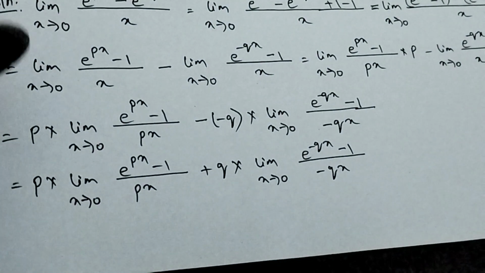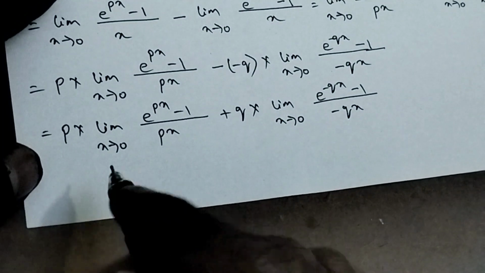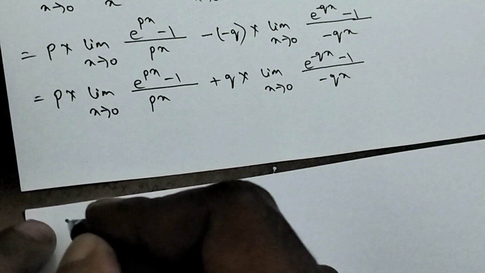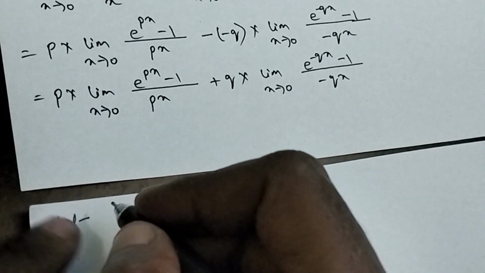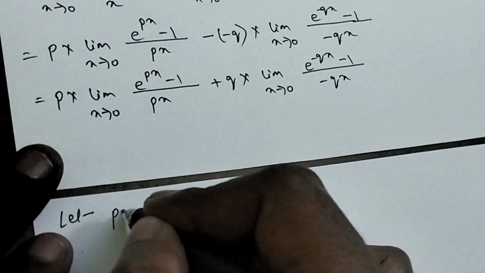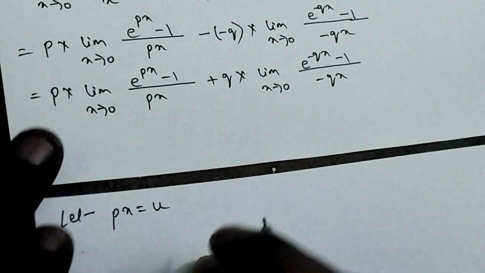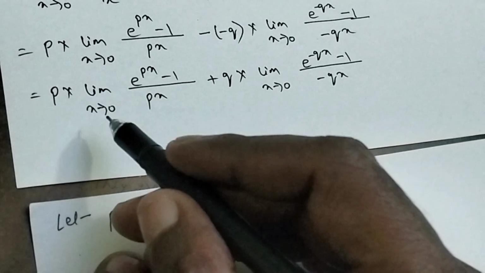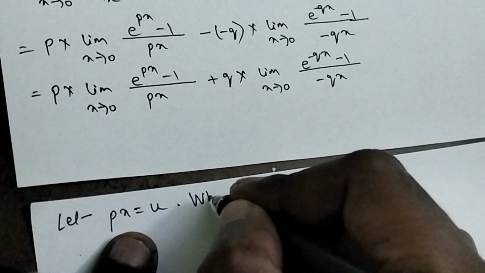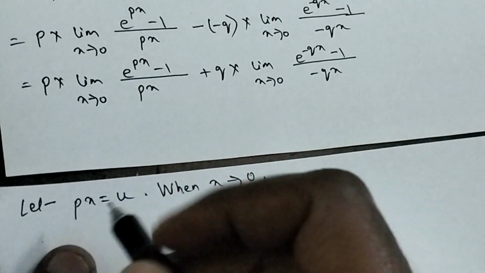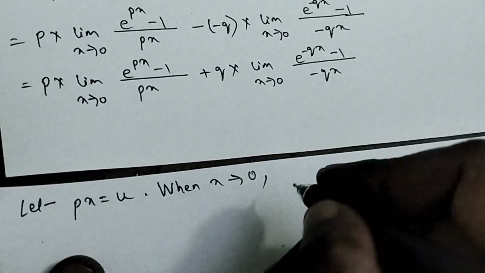Now we have to do it on this other page. Let px be equal to u. Clear? Now when x tends to 0, u also tends to 0.